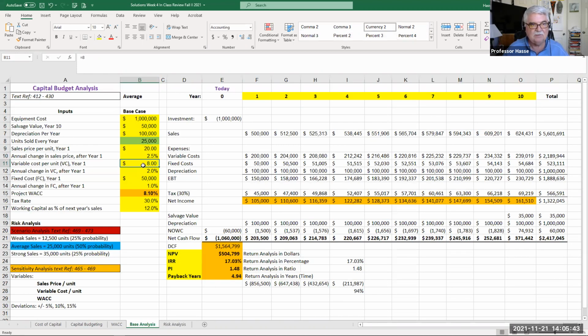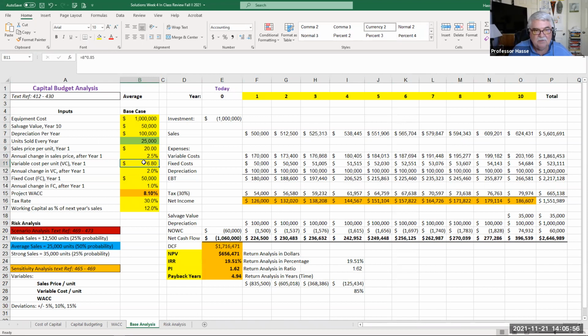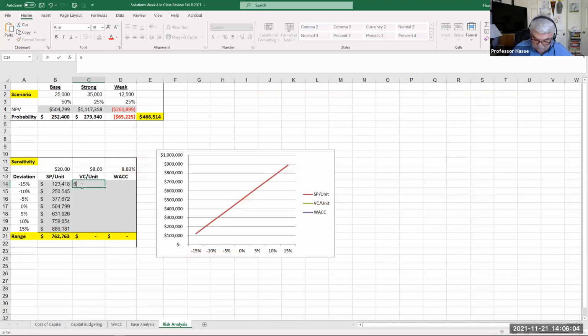So we go to $8 with a 15% reduction, times 0.85. Naturally, we'll probably make more money because we're lowering our cost. It goes to 6.80 with a 15% reduction in variable costs. That gives us a 656,471 net present value.